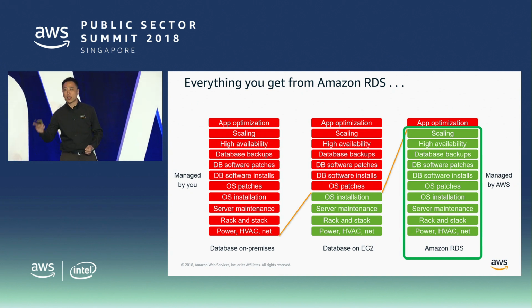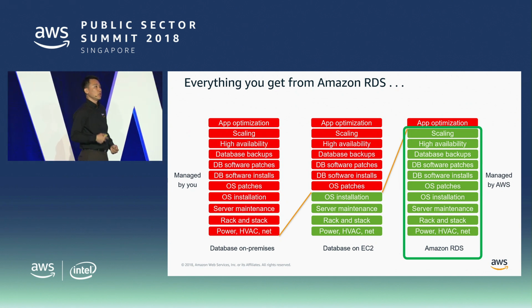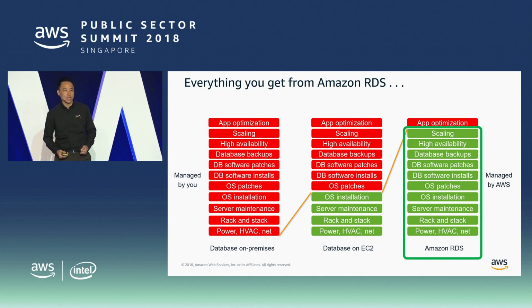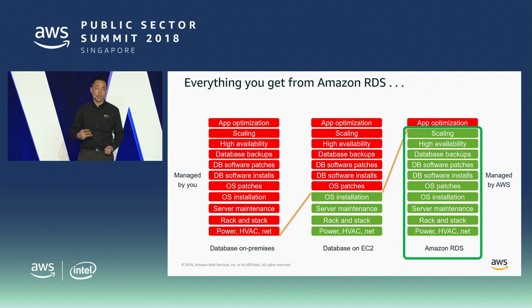If you're talking about the database set up on EC2, which is our virtual machine platform, some of the OS installation, server maintenance, rack and stack, and power are already taken care of by Amazon Web Services. Now, if you're talking about the RDS databases, what's so special is we help you do more: we take care of the scaling, availability, database backup, software patching, etc. And you are only required to do the app optimization as the DBA.